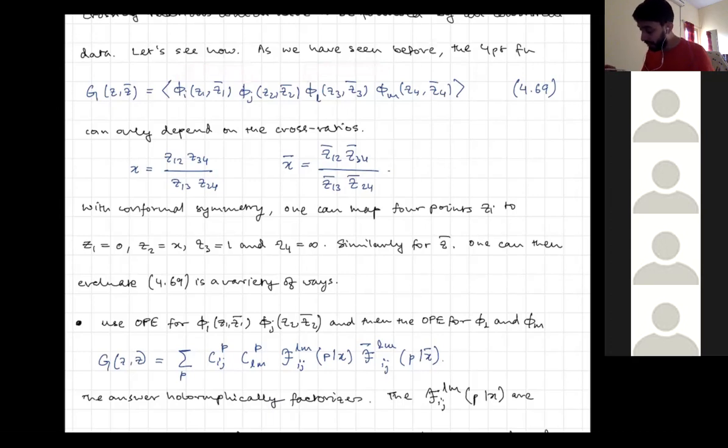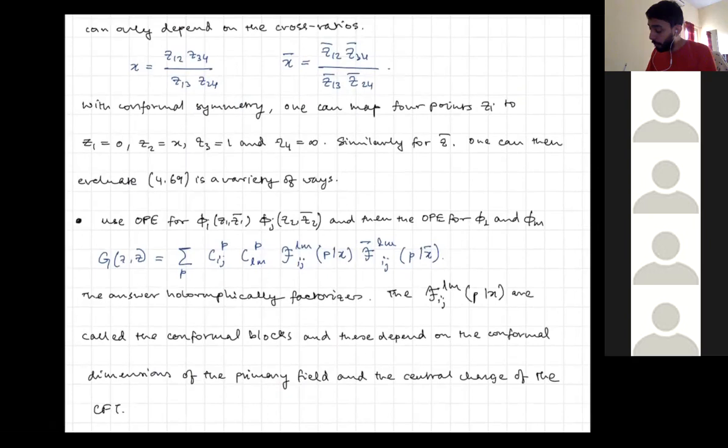If you do this, you are going to have some C_ij piece and C_lm piece, and there will be some other very complicated functions which are going to depend on p's and, as you can understand, x's, and these curly F's which are labeled by ij and lm.